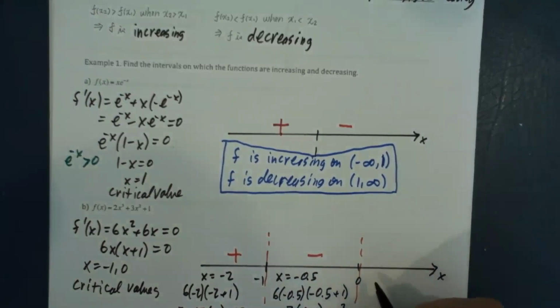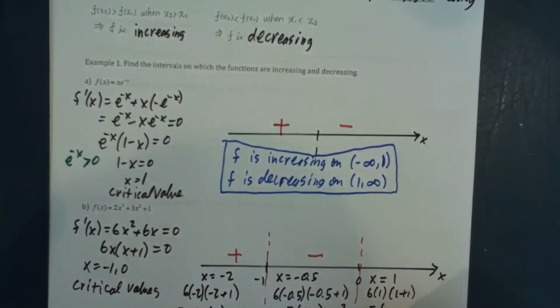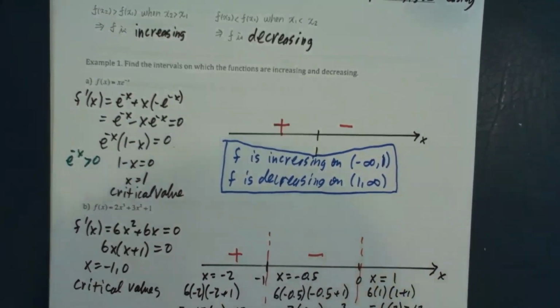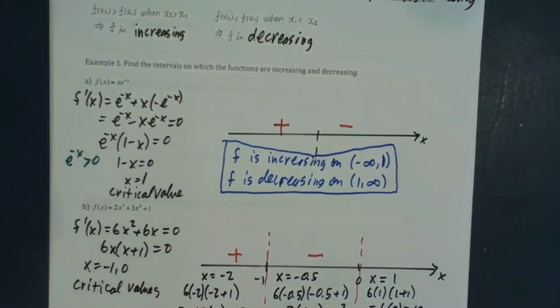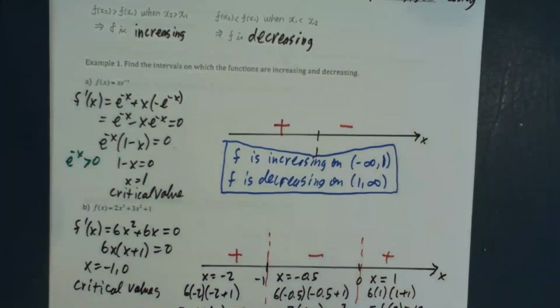And we'll test a point out here. Keep it simple. And again, the number is not relevant. It's the sign. So the slopes of the tangent lines are positive after 0.